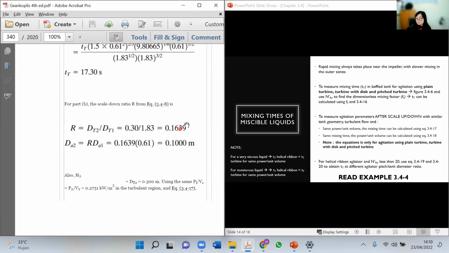So finally we know the ratio. After we know the ratio, we can use it to calculate the new geometry, or the new dimensions, of the original tank.